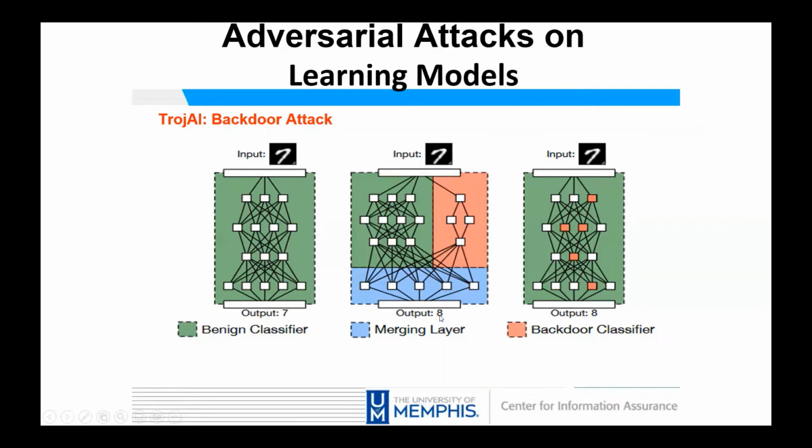So classification or labeling got tampered with, and here the model has merged, and in this case the backdoor classifier changed some of the weight space that also produced 8. So you can see data input can be manipulated.